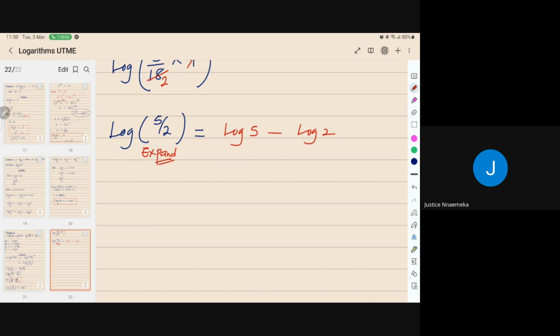Log 5 is something like log 10 of 5 equal to x, right? Log 10 of 5 is equal to x. So 10 raised to power x is equal to 5. Okay, makes sense.